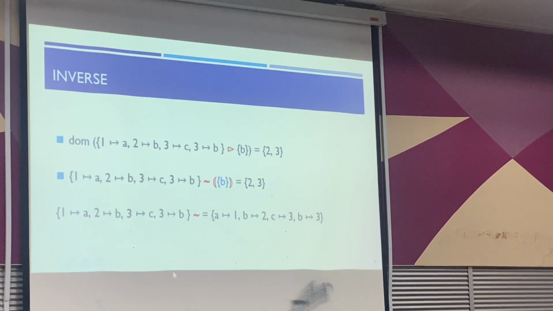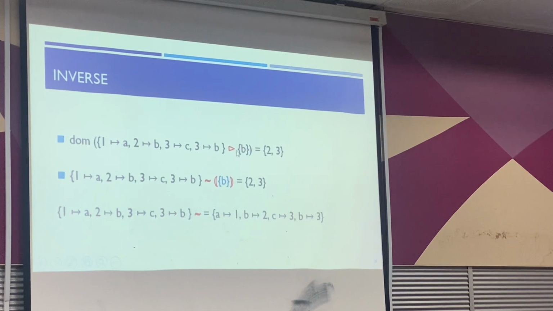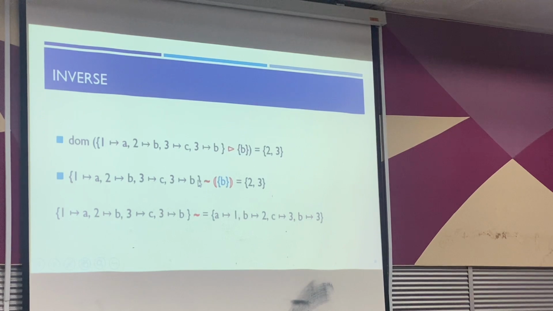If let's say you have, similar to what I showed you just now, the range restriction and then you put DOM, the answer will be there. Then you can also use the inverse operator like this and do searching like this. When you do the inverse operator, the data will be swapped.